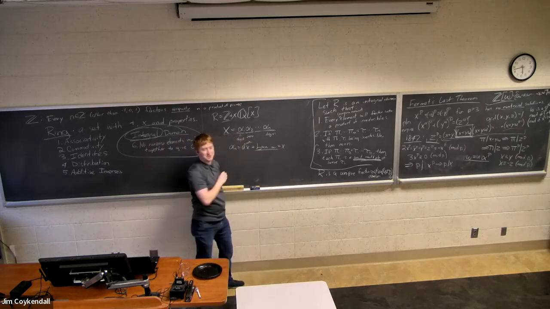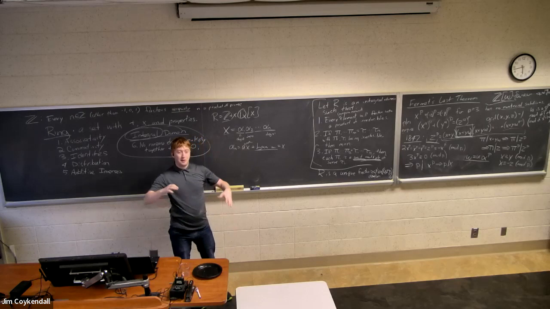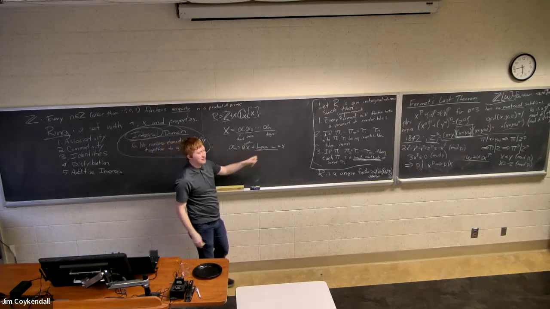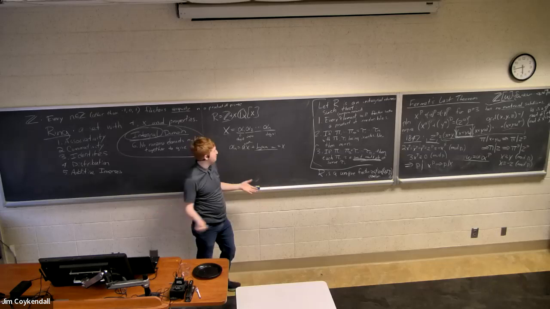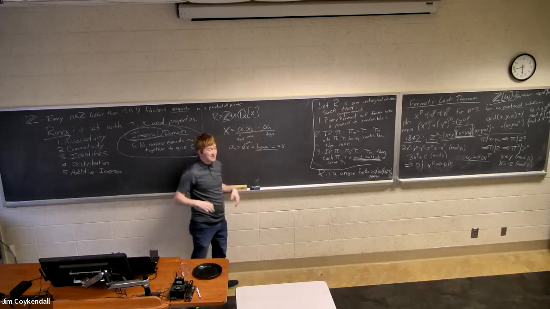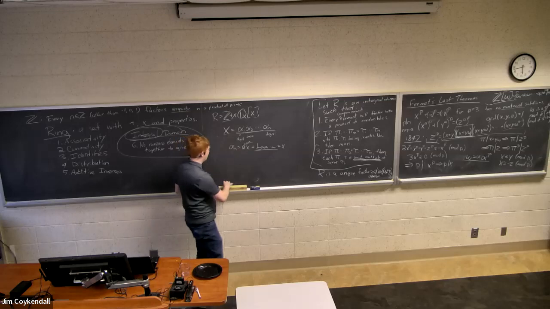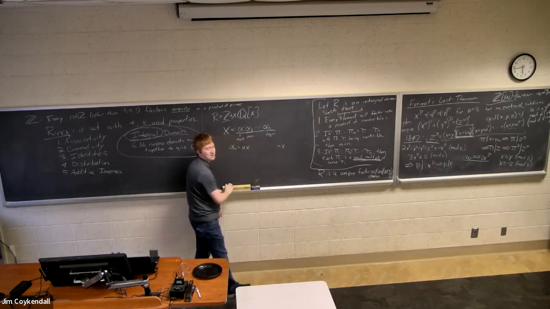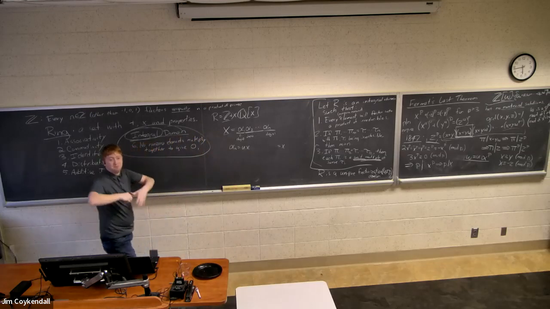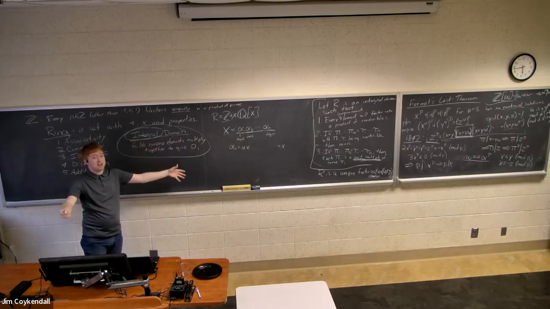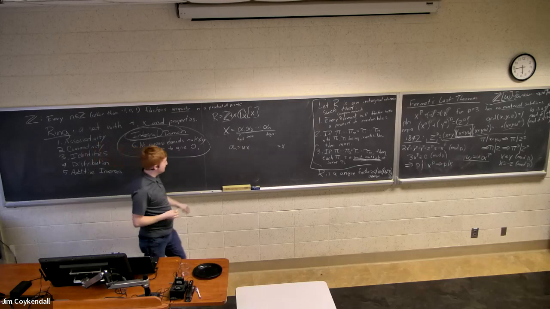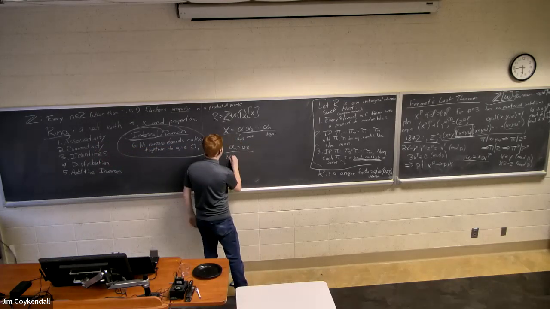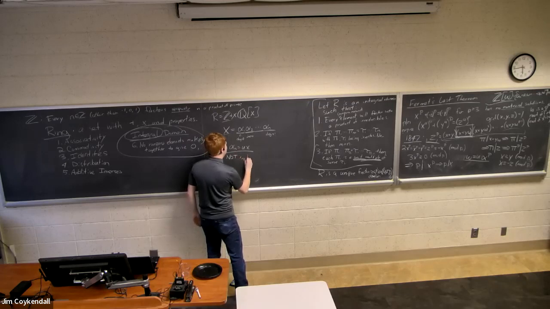Which means that this constant term is 0. Except that if the term is 0 and it's a product of all of these things, one of them has to be 0. These are all irreducibles, which means they can't be 0. So b has to be 0. So actually, alpha is just some rational number times x.